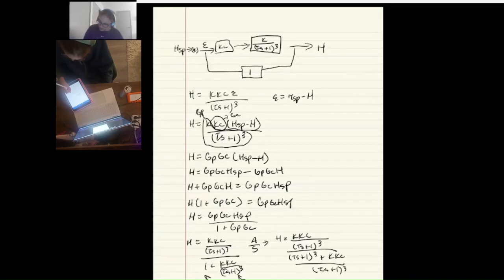And so these terms cancel out here. So I'm going to rewrite it on the next page. So we get H is equal to K Kc over tau s plus 1 to the third plus K Kc.